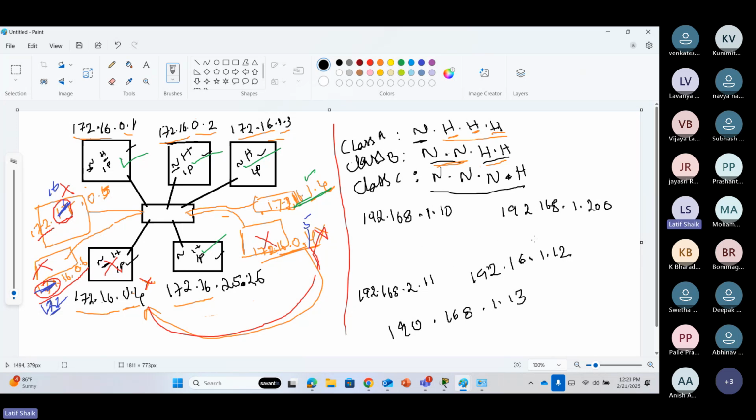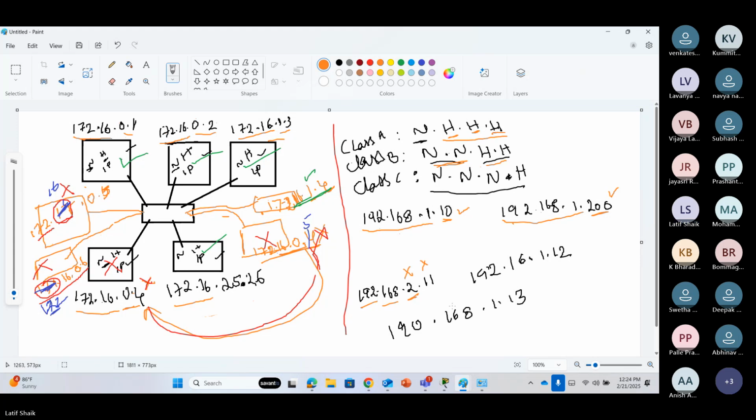See, I have 5 systems here, configured with these IP addresses. Only 2 systems can communicate with each other. Their network portion is the same and the host portion is different. First portion 192 same, 168 same, 1 same. So these two systems will communicate. Next, this PC: 192, good; 168, good; but 2 is different, so it won't communicate.